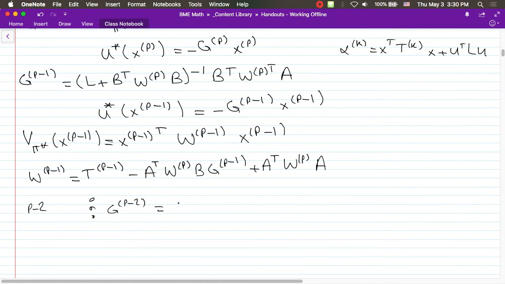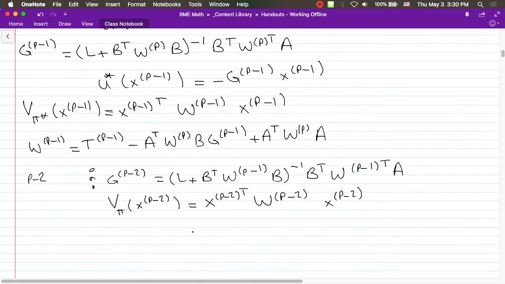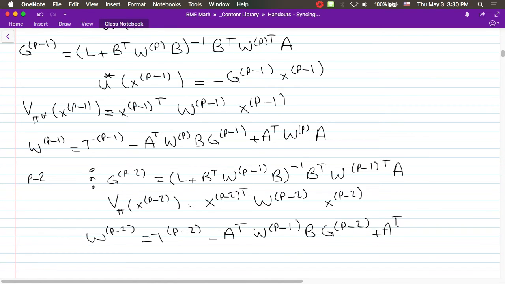So my gain at time point P minus 2 is L plus B transpose W at P minus 1 times B minus 1 B transpose W P minus 1 transpose times A. And my value at P minus 2 is X at P minus 2 transpose times some matrix W at P minus 2, X at P minus 2, and W at P minus 2 is T at P minus 2 minus A transpose W at P minus 1, BG P minus 2 plus A transpose W P minus 1.